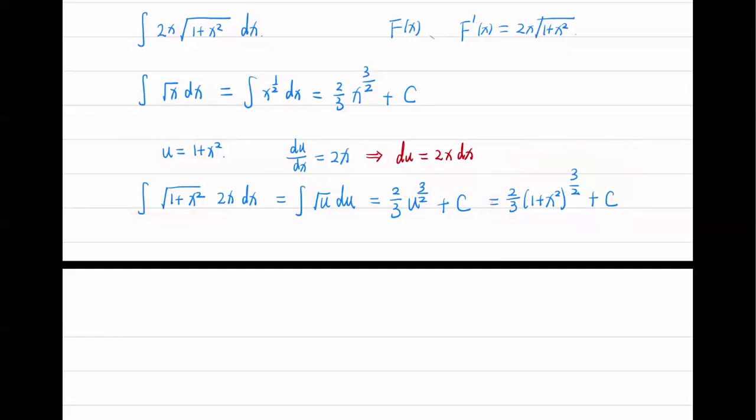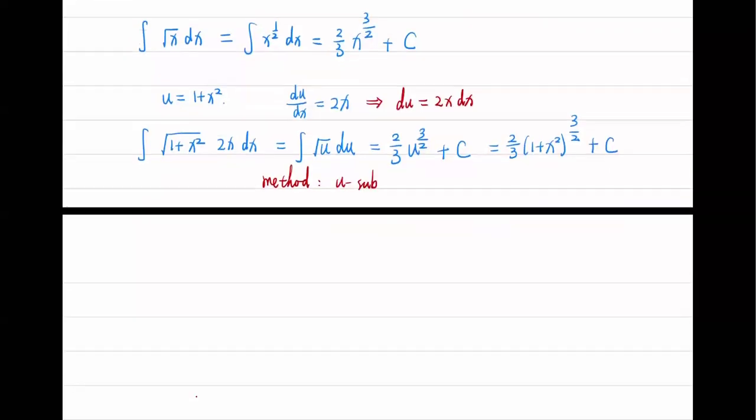So this process, we call it substitution. Sometimes we want to emphasize this u variable, called the u-sub method. We can write this as a more explicit substitution.